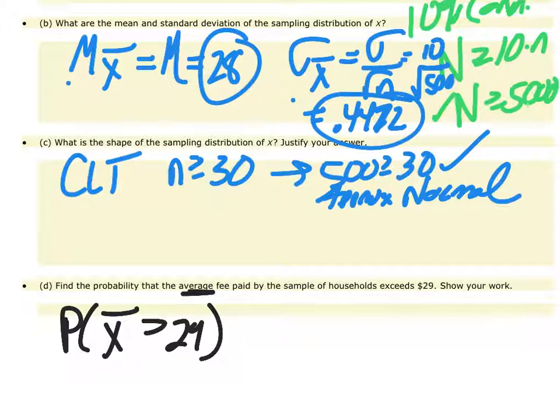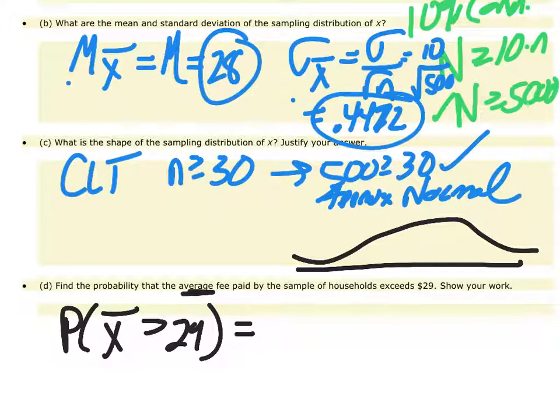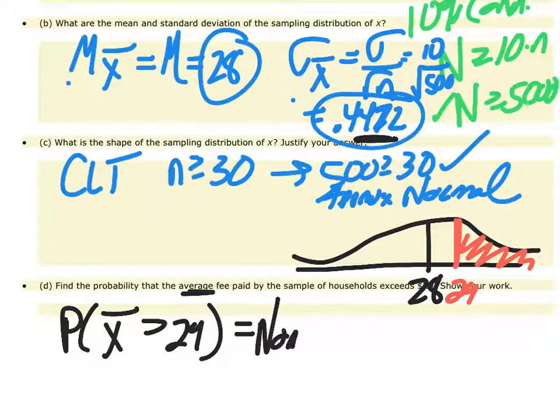What we want to know, if it's greater than 29, feel free if you want to sketch the distribution, you could. We know that the new mean is 28. The standard deviation is 0.4472. I want to know if it's greater than 29. So what we're looking at on the curve is from 29 on up. This is basically just chapter 2 coming back. This is a normal CDF calculation because we have shown that it's approximately normal.